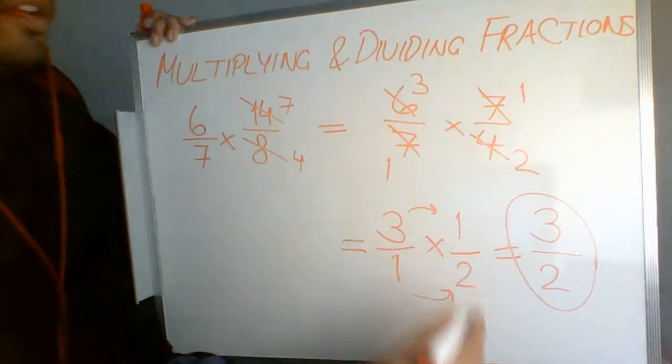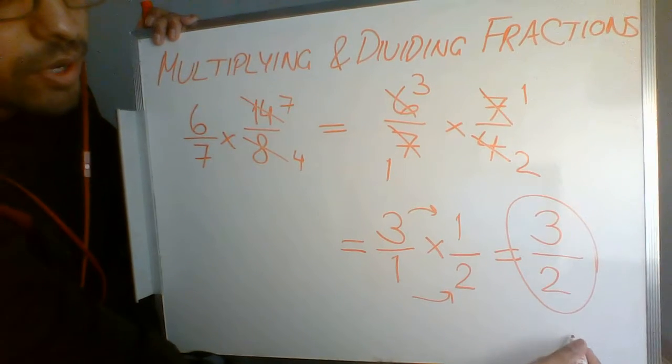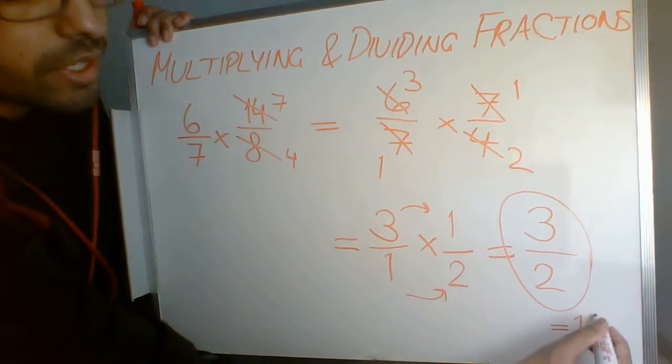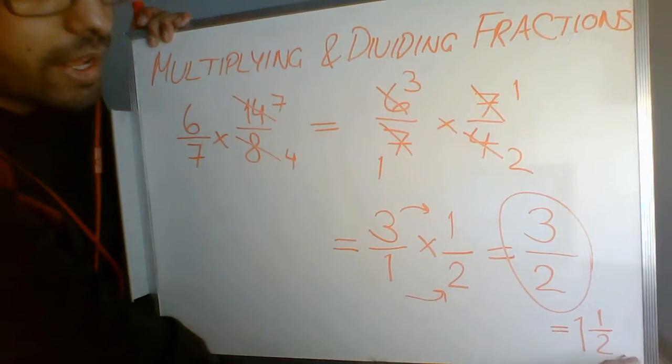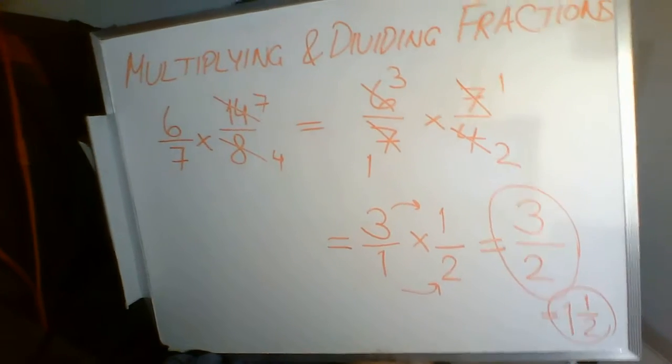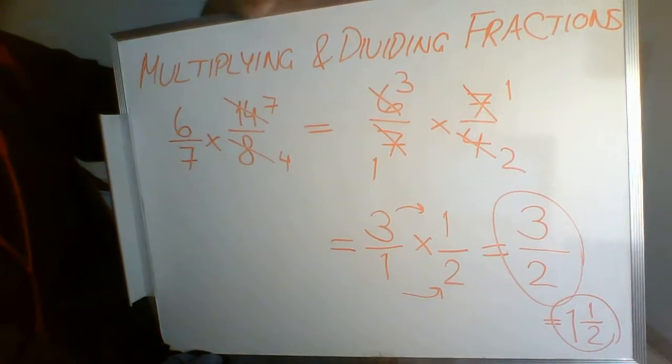So that would be your answer, 3/2, or if you want to convert it into a mixed number, you could turn that into 1.5. That's also a valid and perhaps slightly better way to express your answer.